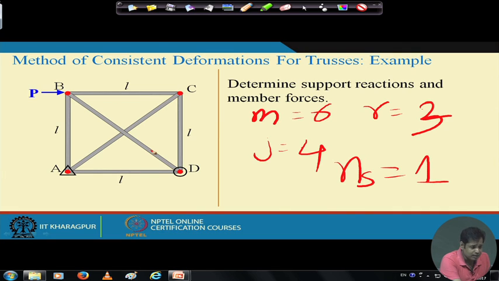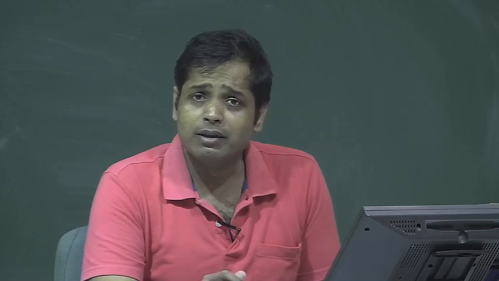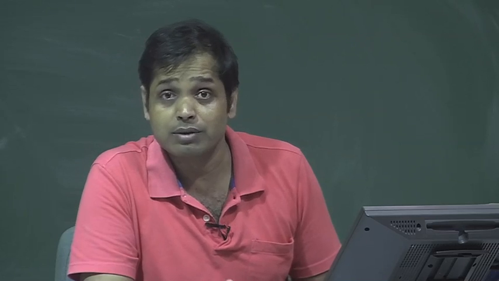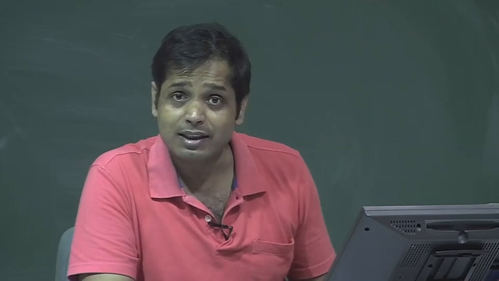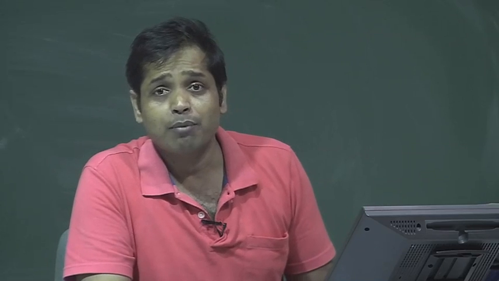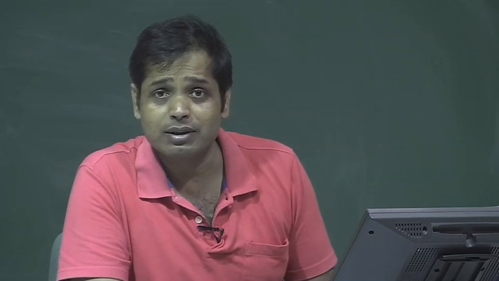So this is an indeterminate structure, but the indeterminacy is internal indeterminacy, unlike the previous example where the number of constraints provided in the structure was more. But in this case the constraints are only 3, while the number of members provided in the structure is more, and that causes the indeterminacy.